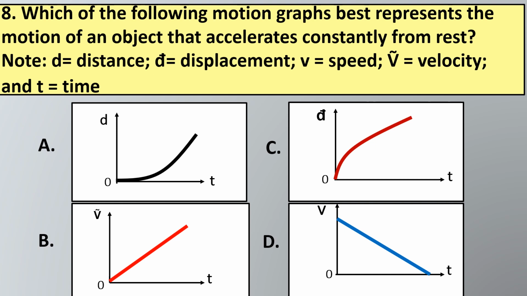So look, it starts from a higher value of speed, and then at a later time, the value of speed is much lower than the initial. So if you're going to get the change in speed over a change in time, you're going to get a negative change in speed over a change in time.